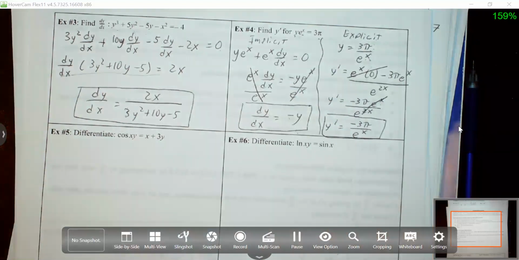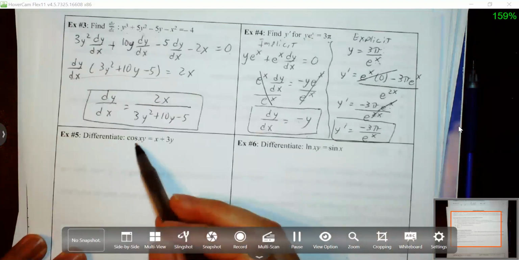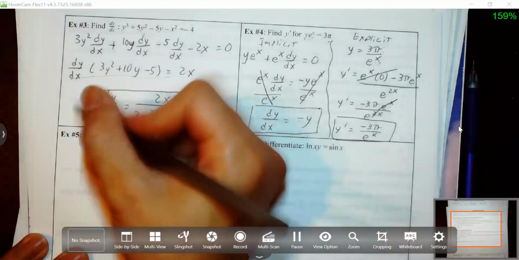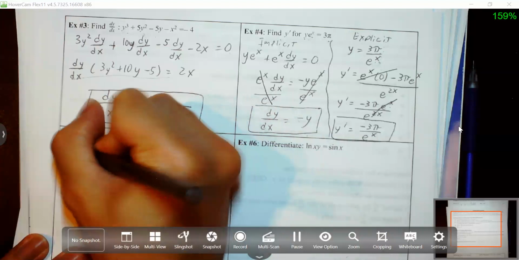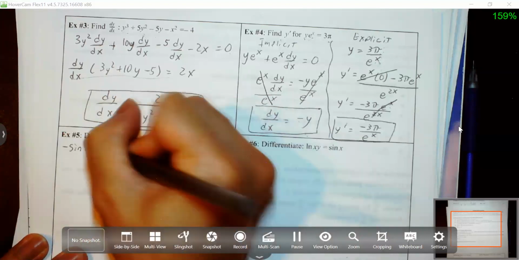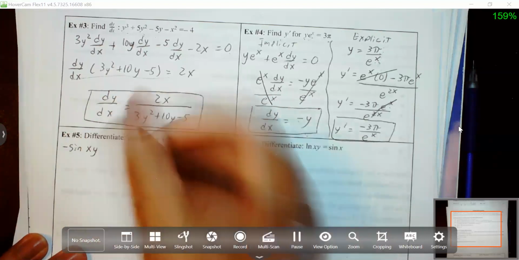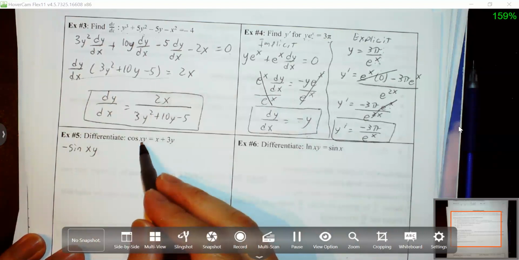Okay, so let's look at example number 5 and see how this one would work with the trig function. It's basically the same thing here. So we're going to differentiate both sides. I know that the derivative of cosine is negative sine. But remember, it's not just an x on the inside, so that means we have to do a chain rule here.